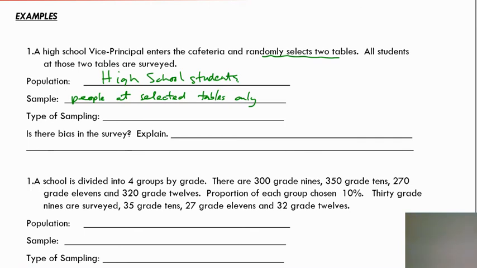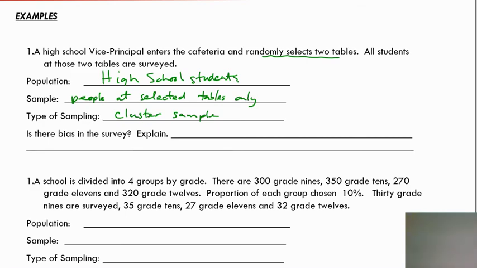What is the type of sampling? Well, you have people sitting at tables in clusters. So it's a cluster sample. You kind of ignore those other tables and you just picked random tables of clusters.